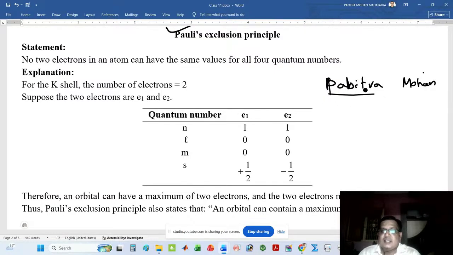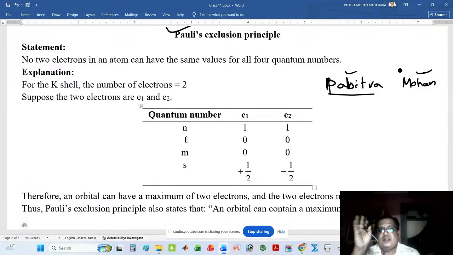You cannot say that the two students have the same set of all things. They may be different in some terms. If you think about twins, no doubt twins are the same in most things, but they are different in their name. Maybe they are different in their weight, maybe in their class, anything.